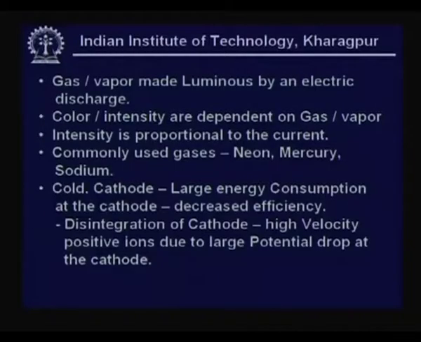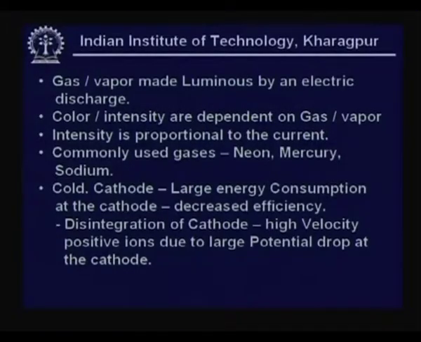As already told, cold cathode is one which depends on application of the high voltage and emission, pulling out of the electrons from the cathode. No doubt, because of higher voltage application, there is intense energy consumption at the cathode, and as a result, sometimes there is every likelihood of disintegration of the cathode if there are high velocity positive ions.